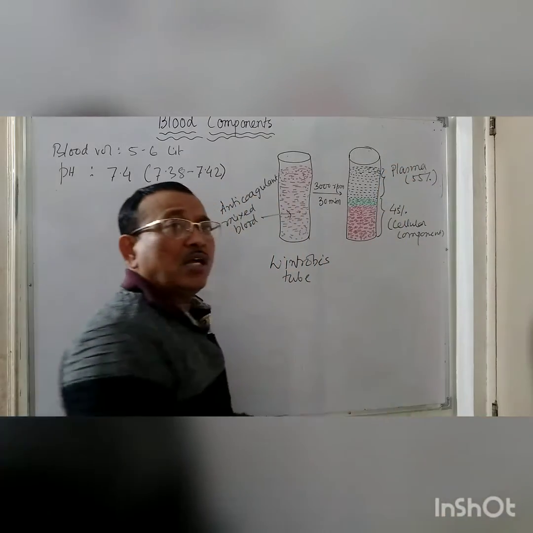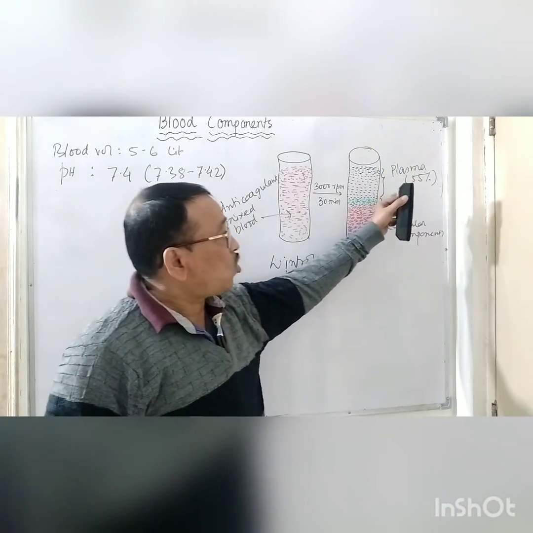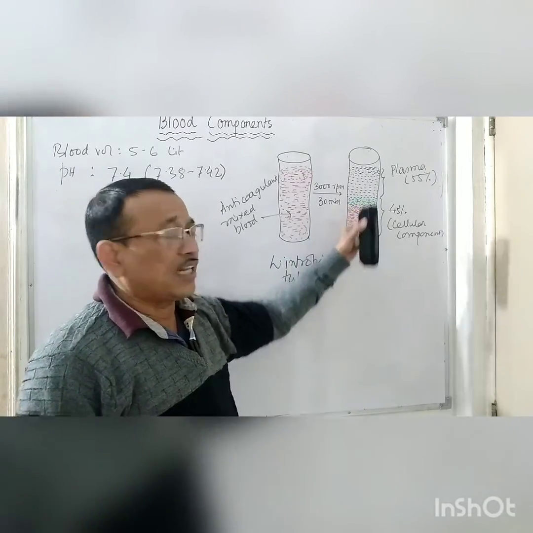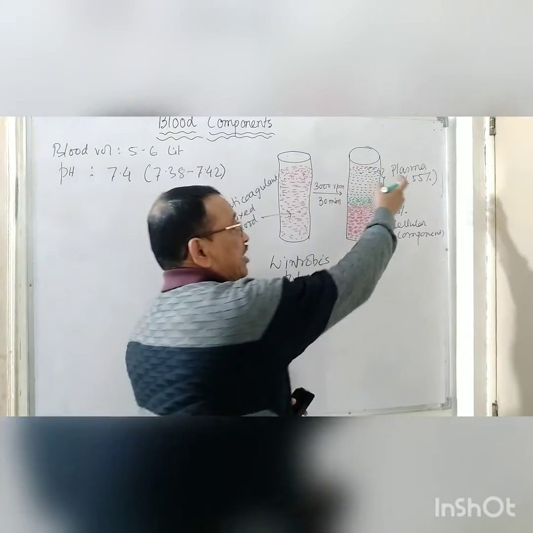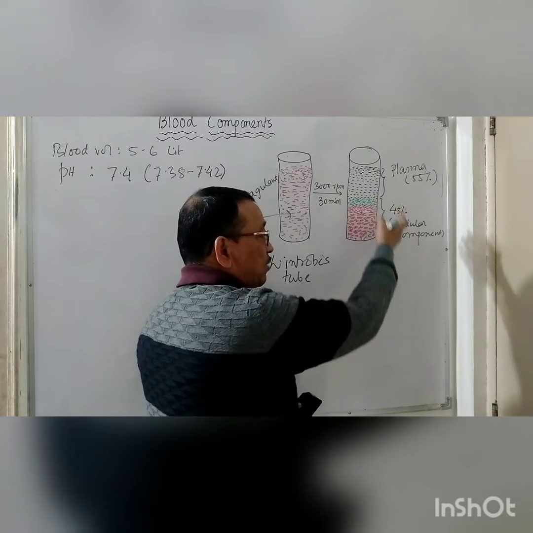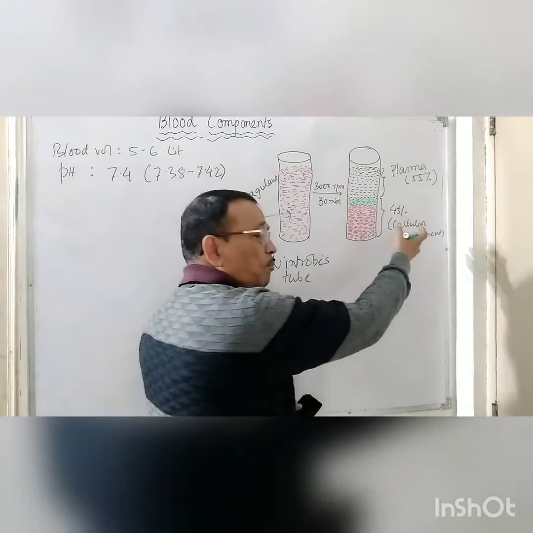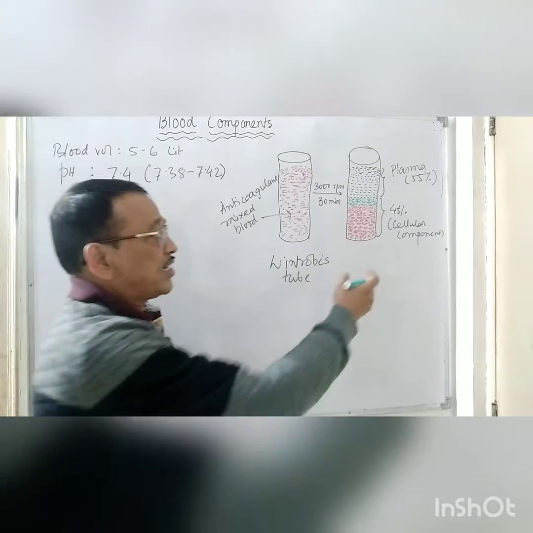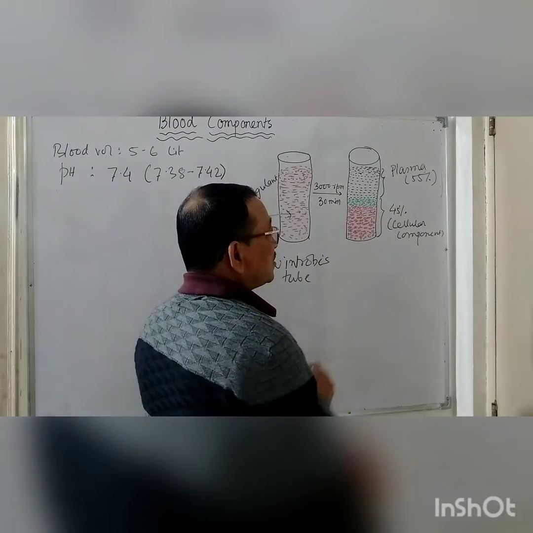Plasma as a straw colored supernatant will be at the upper part of the tube, around 55%, and at the bottom of the tube the cellular components will be settled down, around 45%.